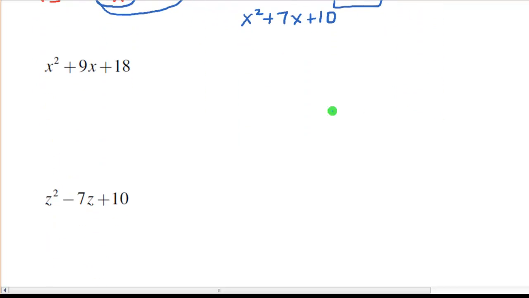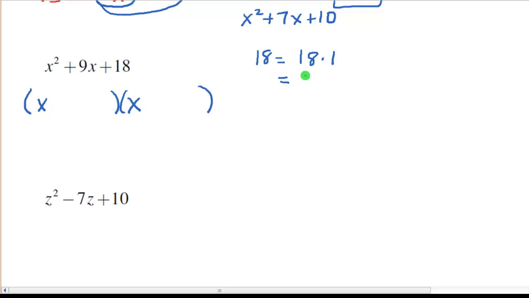Okay, next is x squared plus 9x plus 18. Put our parentheses. Here we put x and x, which multiply to x squared. Then we need two numbers that multiply to a positive 18 and add up to a positive 9. 18 can be factored as 18 times 1, but that doesn't add up to 9.